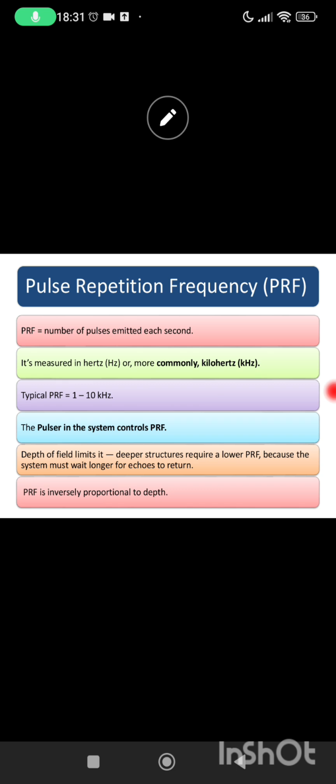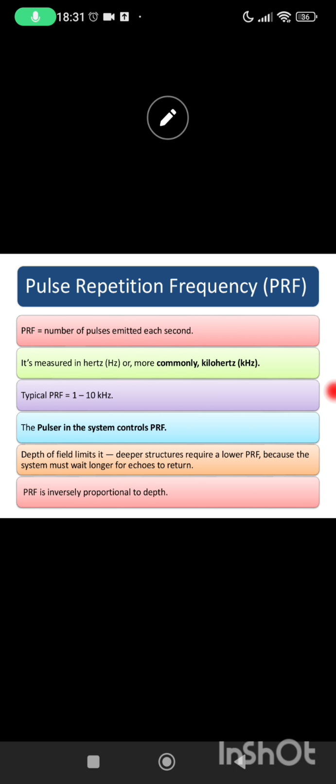We will discuss these things in detail later, the functions of all of the components of the transducer, which includes the pulsar as well. So this line is important: who controls the PRF? The pulsar controls the PRF, and depth of the field also influences it.